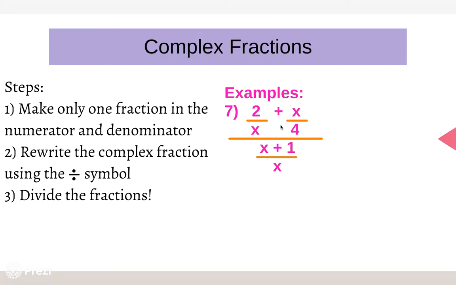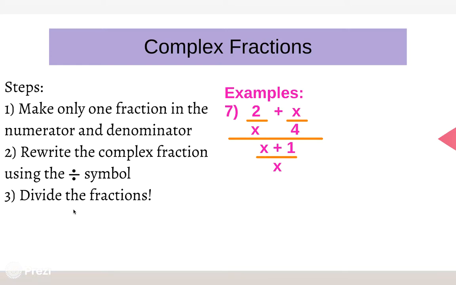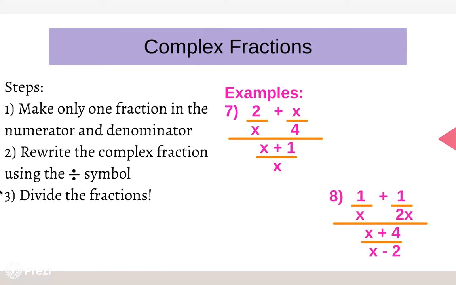After that, it's simply just a division problem because we have our fraction in the numerator divided by the fraction in the denominator. And you guys are pros at dividing fractions. So after we write our big line with the division symbol, you'll just divide the fractions like we did in the previous section. So go ahead and pause the video and watch examples 7 and 8.